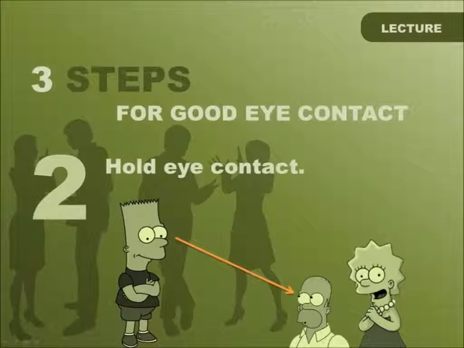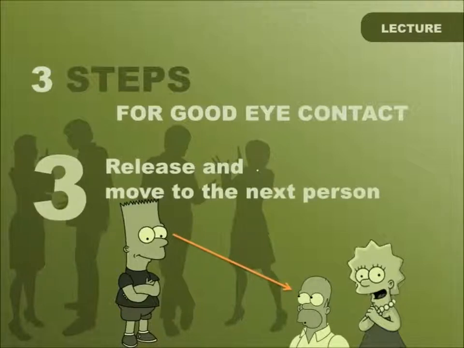Okay, and then third step, release and move to the next person. Okay, like this. The same goes like this. Okay, and then after you move to the next person, keep the eye contact for about 3 seconds, and then release and move to the next person like this.